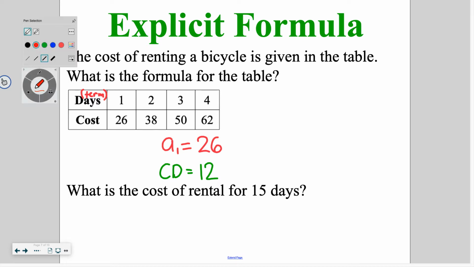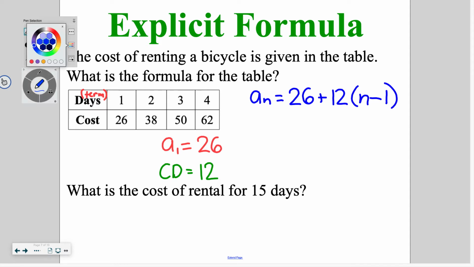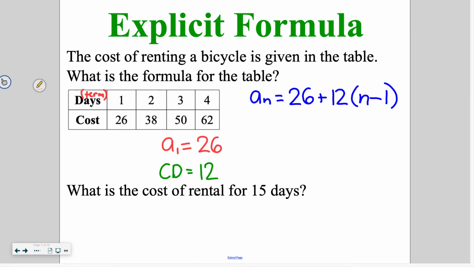Then, to write my formula, I would have a_n is equal to my starting term, 26, plus my common difference, which is 12, times (n minus 1). So that's our term minus 1. In order to make this a little simpler, we're going to simplify the equation using the distributive property. So we've got a_n is equal to 26 plus 12n minus 12.